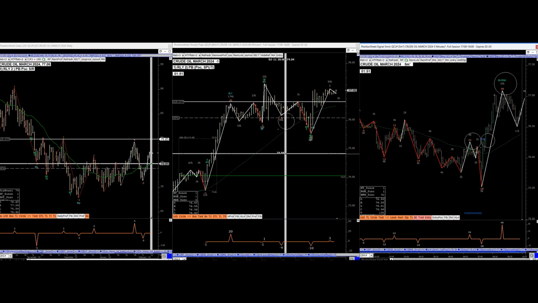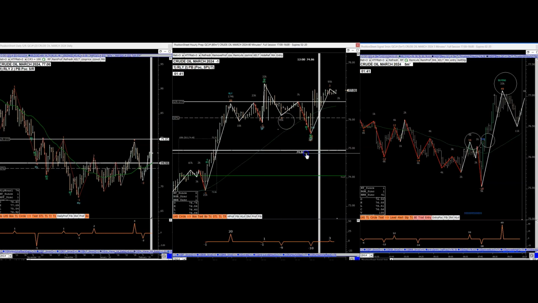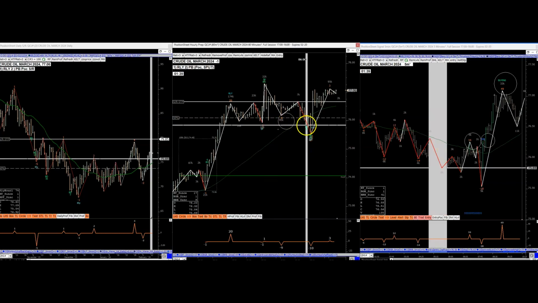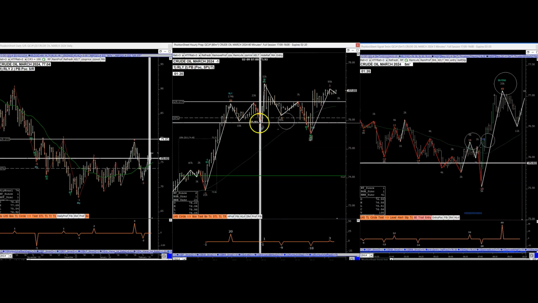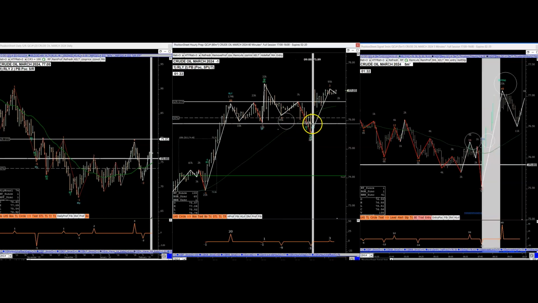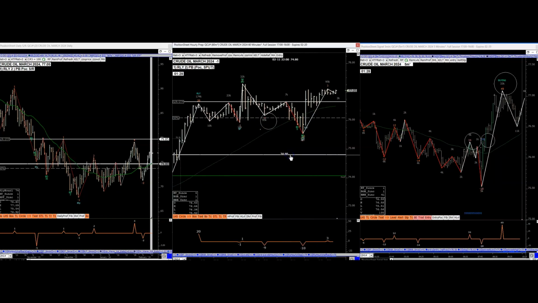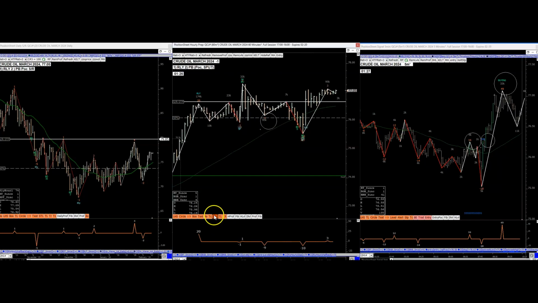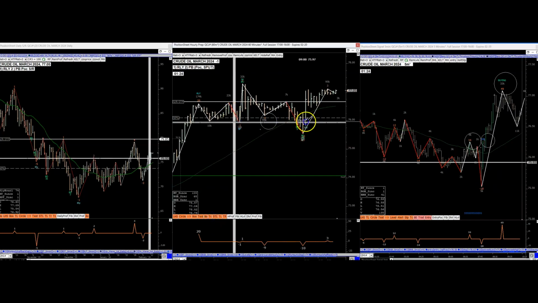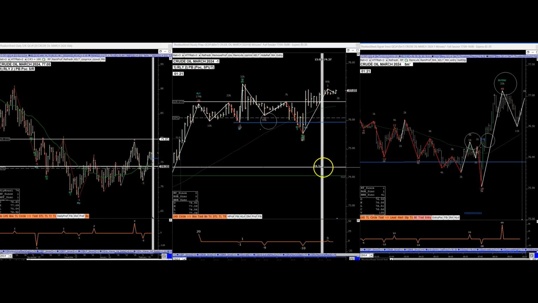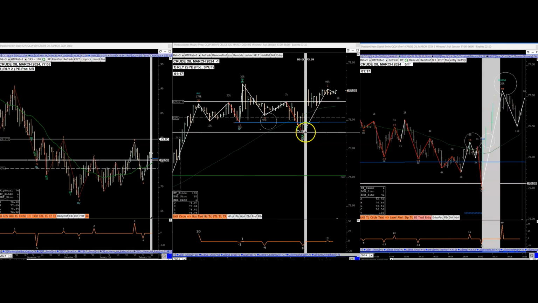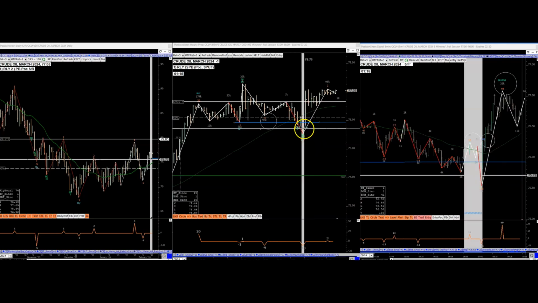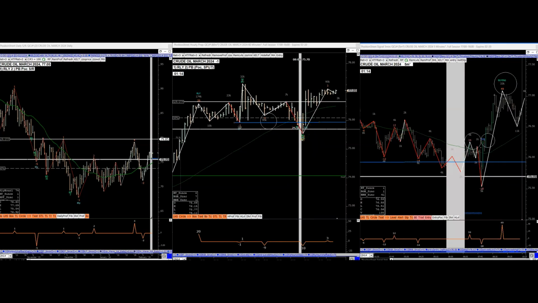One other way to see it, right here, is when you have a breakdown, look at the bar that comes back up into the range. That bar is the biggest bar in 100 bars. So if you take this, an attempt to break, then a reversal. The reversal is actually a reverse breakout bar.